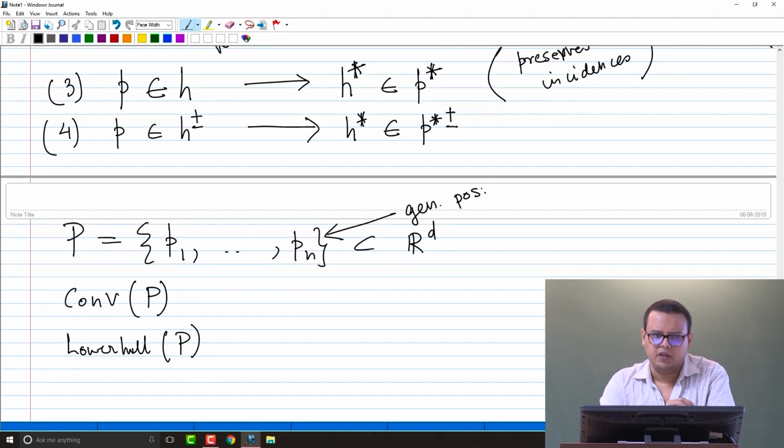By general position here, I mean just affine general position. Any subset of size less than or equal to d plus 1 will be affinely independent.